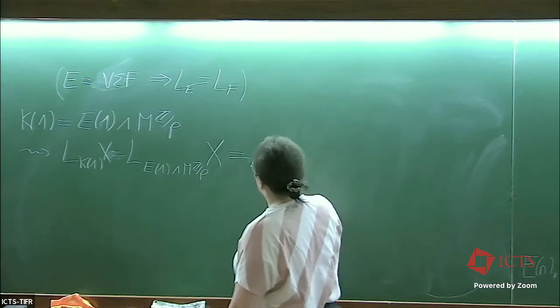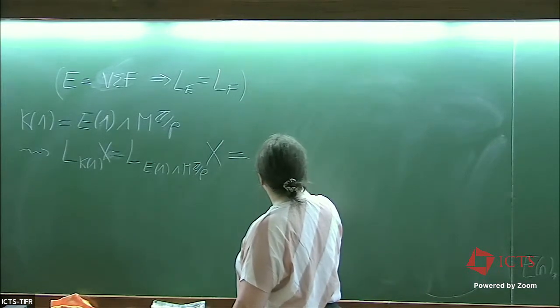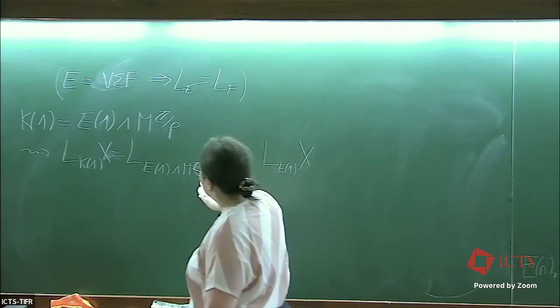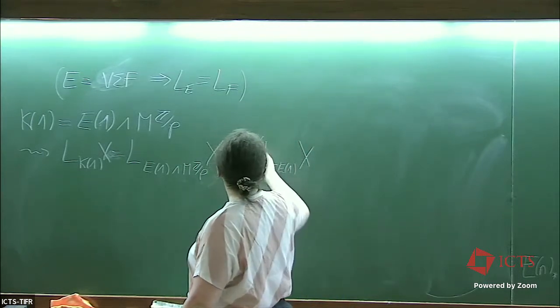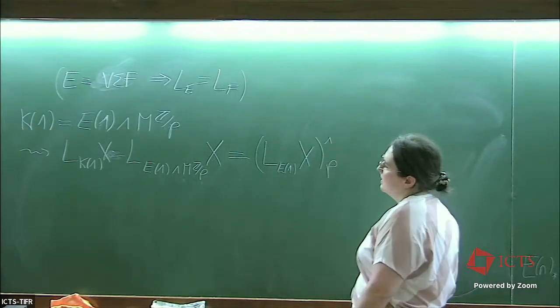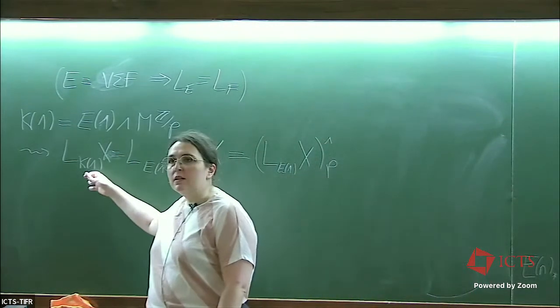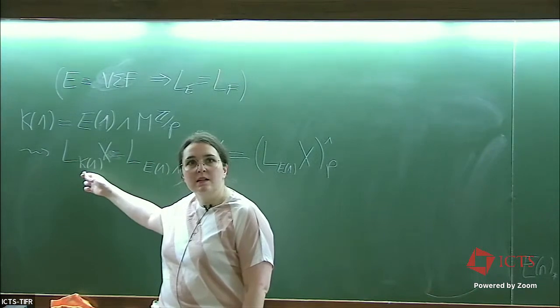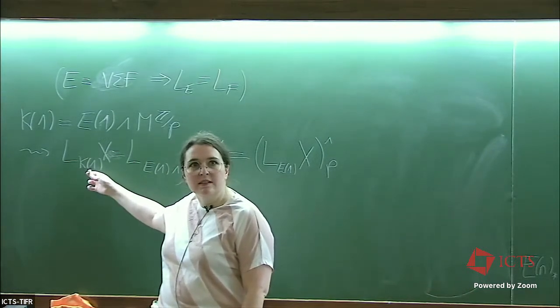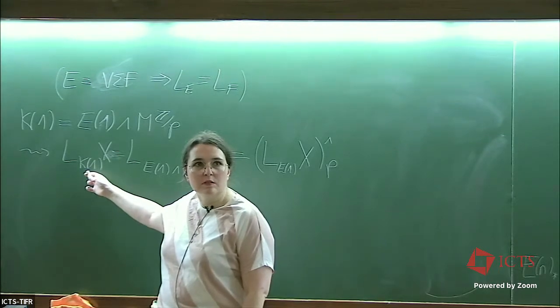What this therefore is, you take E1 localization of X. This one was P completion. So what this really is, localizing with respect to K1 is localizing of what is the P complete K localization.